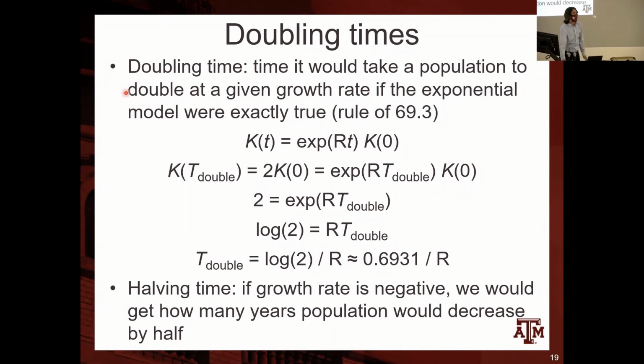So whenever a demographer talks to you about doubling time, the demographer is trying to tell you how many years would it take for that country to double the size in population if that specific growth rate continued to be the same in these next decades. So this is the time it would take for a population to double at a given growth rate if the exponential model were exactly true. And this is called the rule of 69.3.